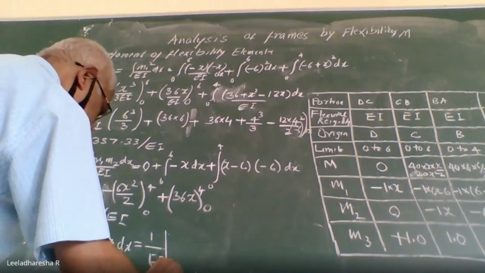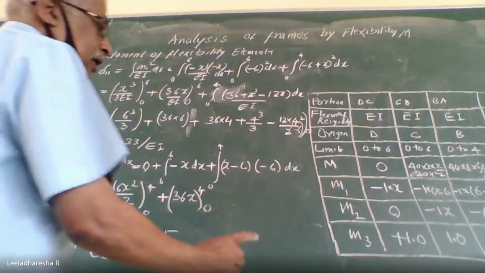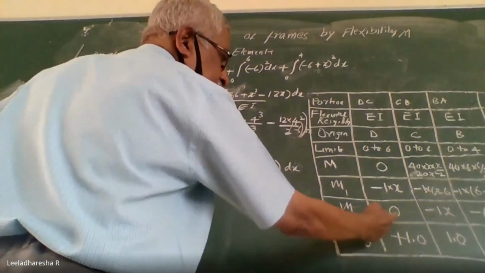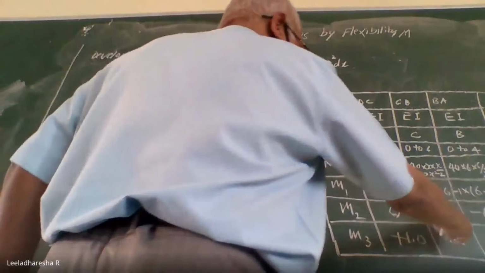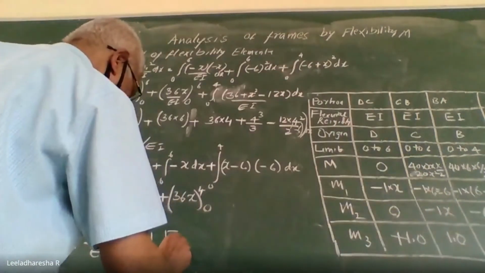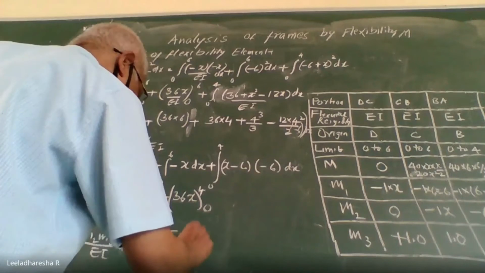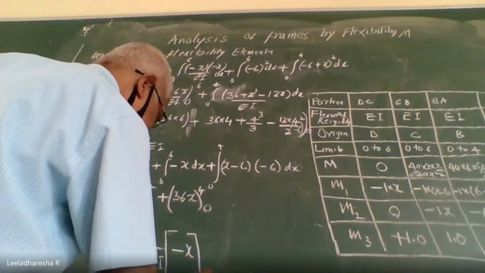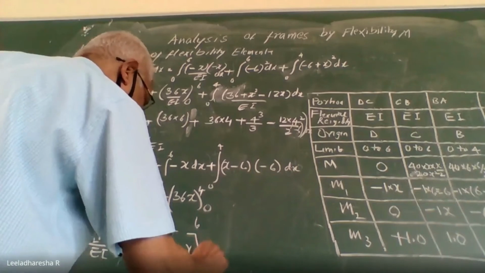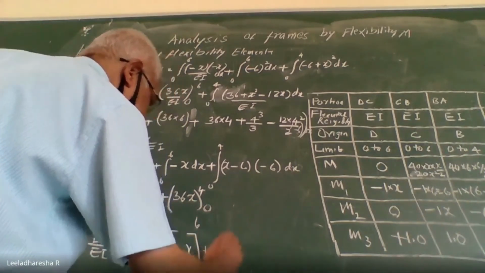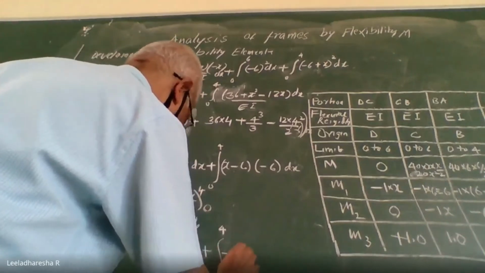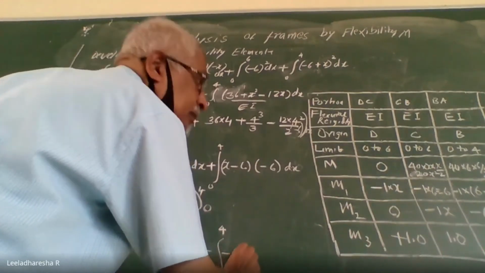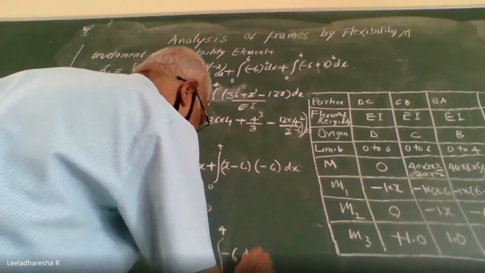For the first term, m2, m3, see 0 into 1 will be 0, so I will not write that. Minus x into 1, you are going to get minus x only, between the limits 0 to 6, plus integration between the limits 0 to 4, third portion minus 6 into 1, you get minus 6x, minus 6 into dx.